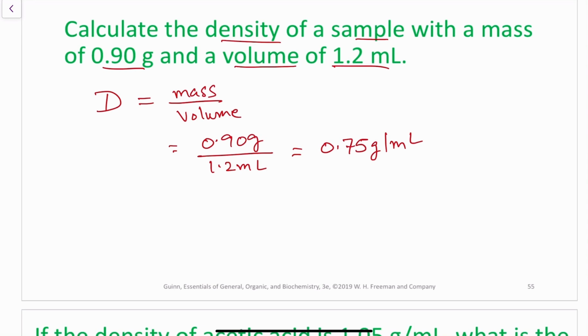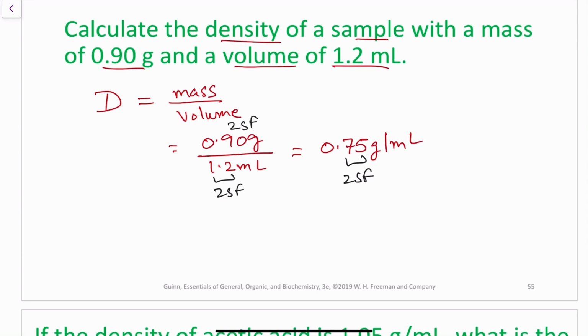Because mass you can measure, and 1.2 mL, which is a volume you can measure, you can use both numbers as your significant figures. So the top number has two significant figures, the bottom number has two significant figures. So your final answer has to be in two significant figures, because this is the lowest number of significant figures that you are using for the calculation, right?